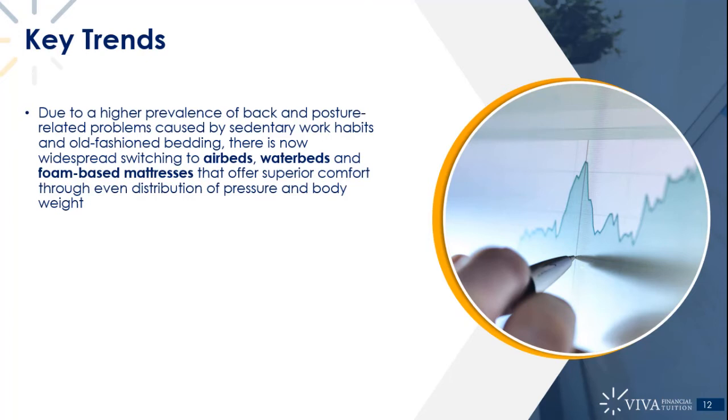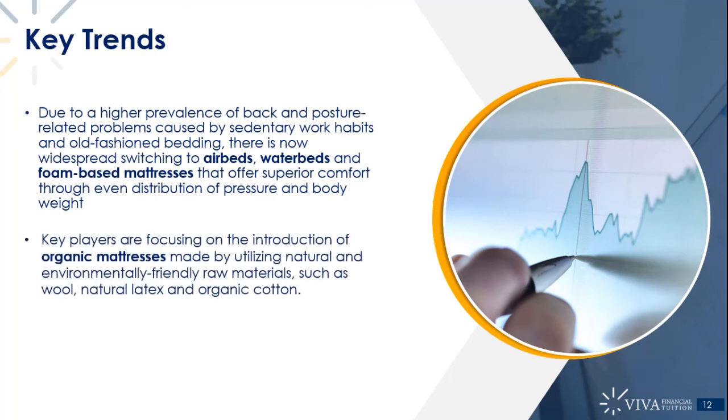Key players are focusing also on the introduction of things like organic mattresses made by utilizing natural and environmentally friendly raw materials such as wool, natural latex, and organic cotton. From a supplies point of view, shifting towards organic and environmentally sustainable materials is becoming more and more important. And it's something that is coinciding with that health concern.